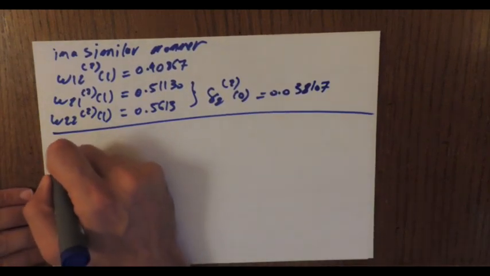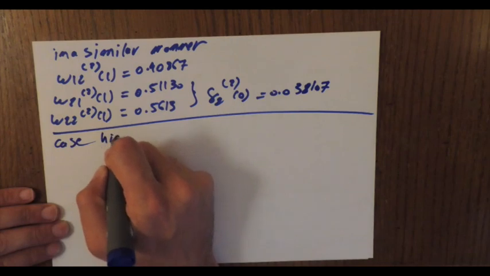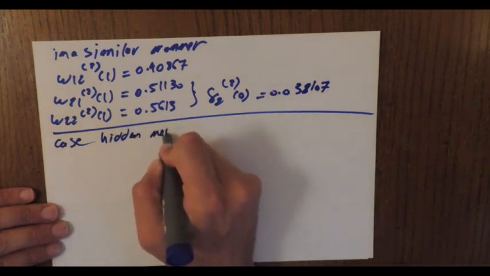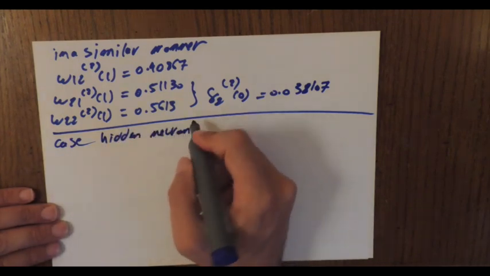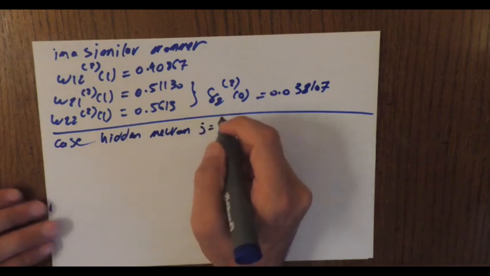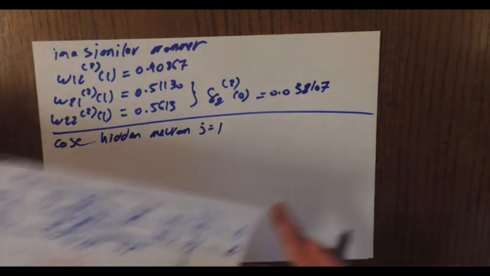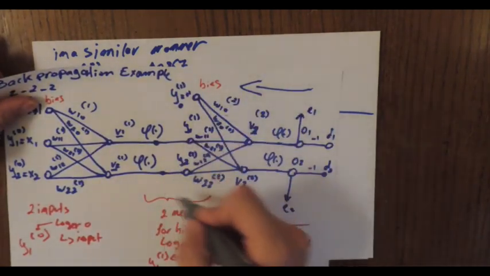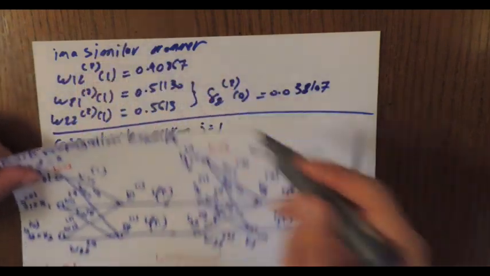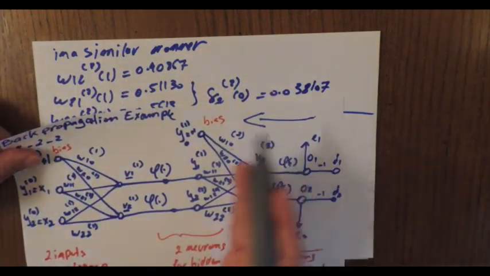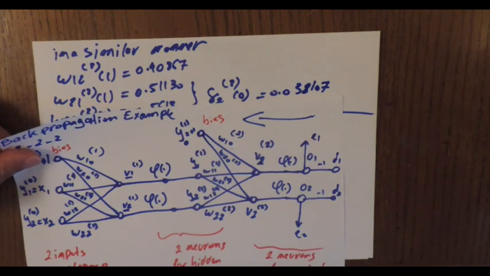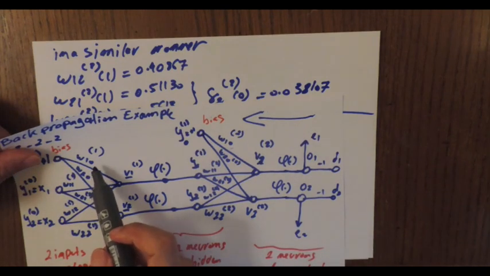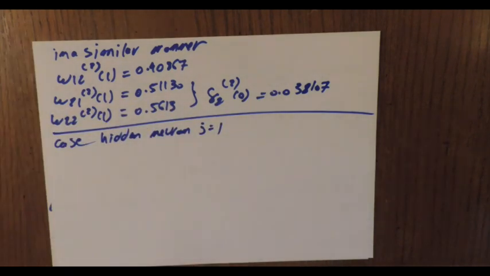What about the case of the hidden neuron? Case of the hidden neuron, j equal 1. So we updated these weights. These are all the updates for these weights. Now we need to update the weights w10 of 1 and the rest.